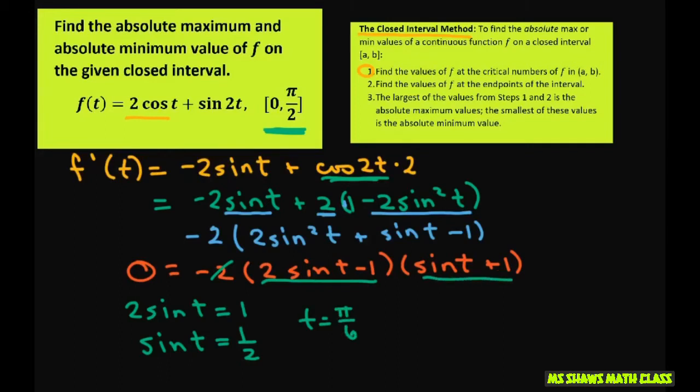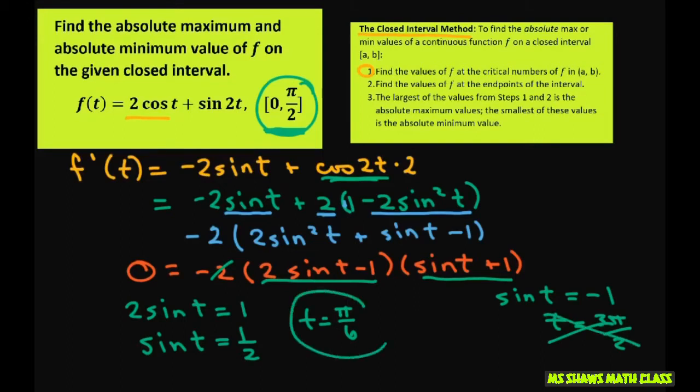For this one, you're going to get sine t equals negative 1, so that would be t equals 3 pi over 2, but that's not in our closed interval, so we have to disregard that one. So our critical number is pi divided by 6.